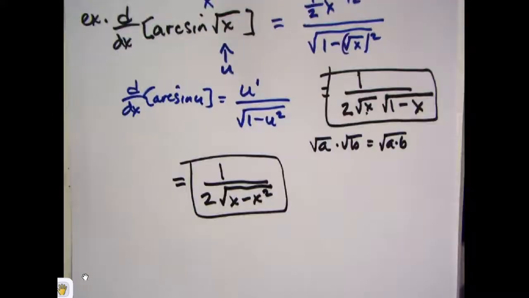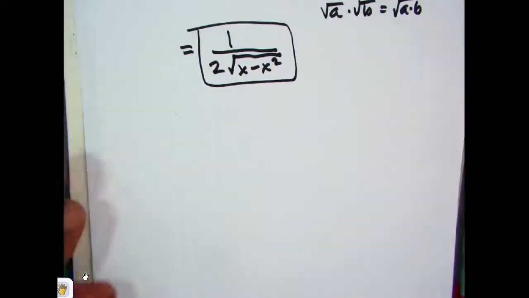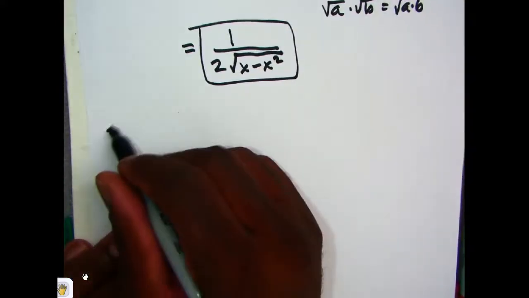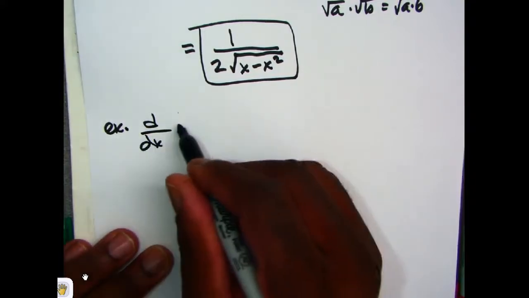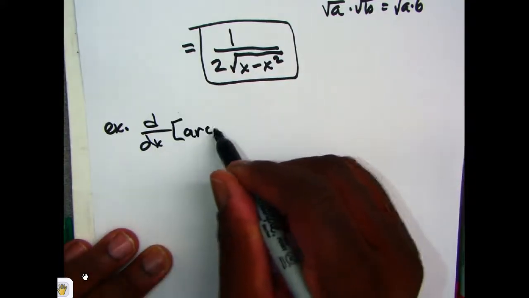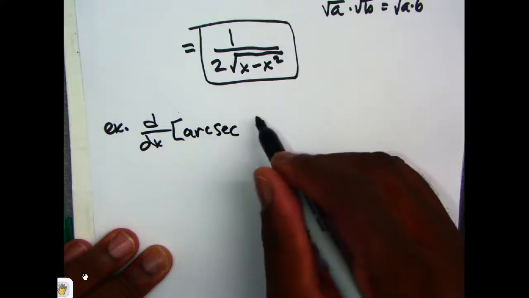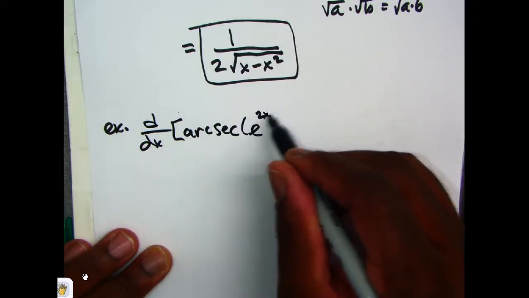Alright, let's take a look at one more example. The derivative of arcsecant of e to the 2x.